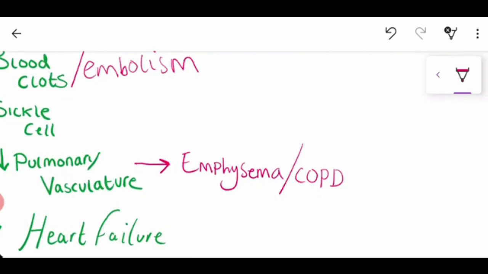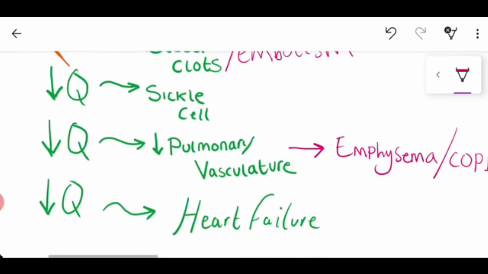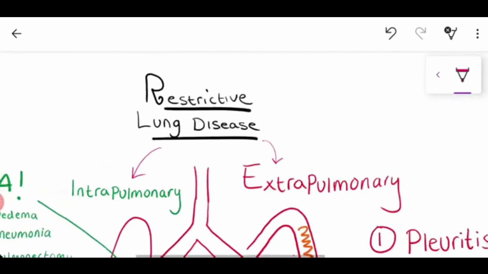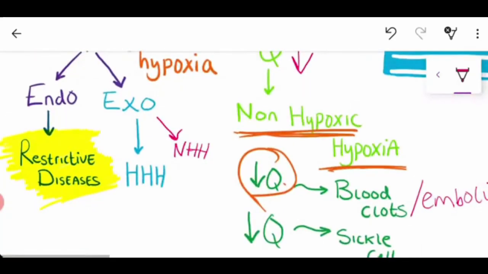Why is this? Because the damage in the alveoli is going to cause collateral damage to the pulmonary blood vessels, and with that you're going to get a decrease in the pulmonary vasculature. And finally, heart failure. Pretty simple.